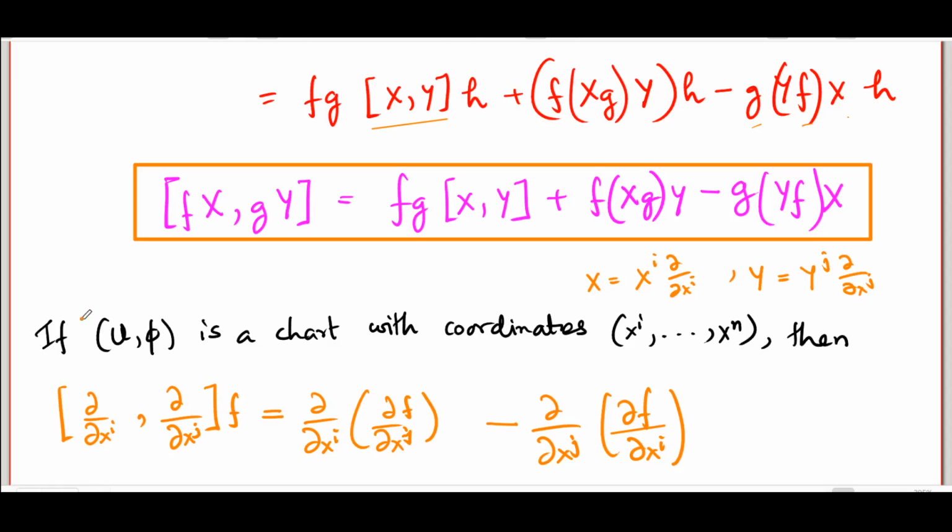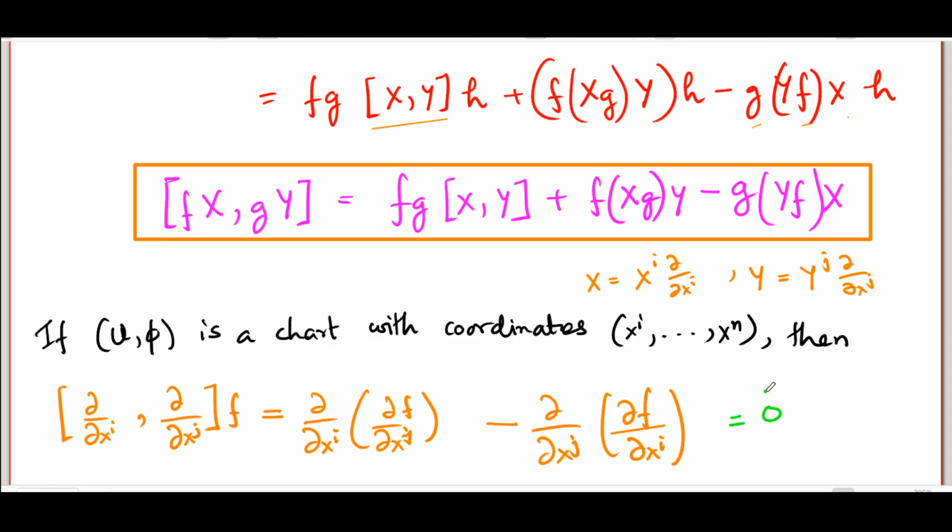The first thing that we look at is the bracket of del xi and del xj acting on some smooth function f. Of course, this is going to be del xi of del f del xj minus del xj of del f del xi. The form itself should immediately suggest that this has to be 0.